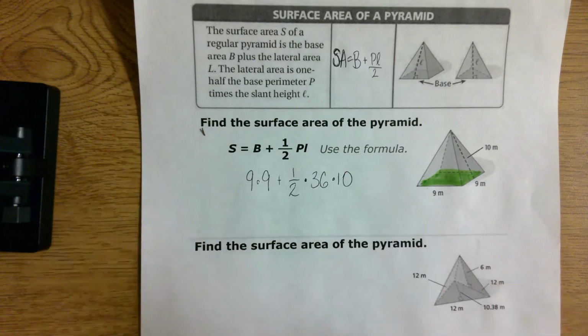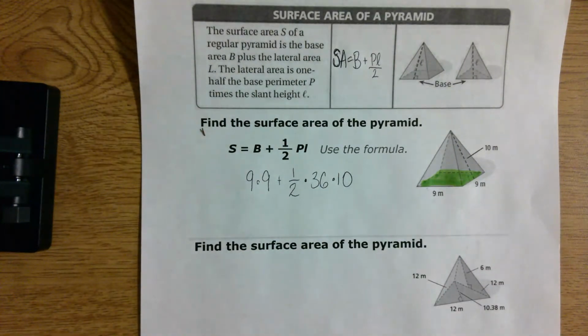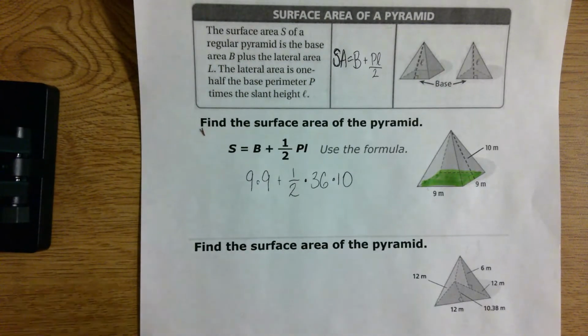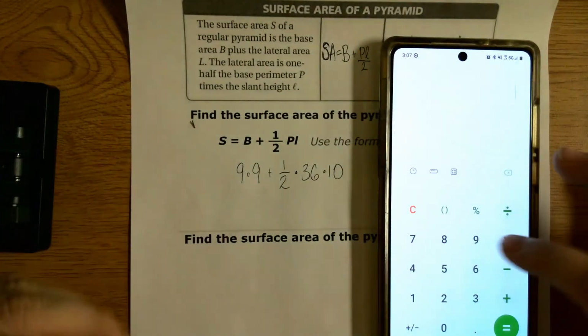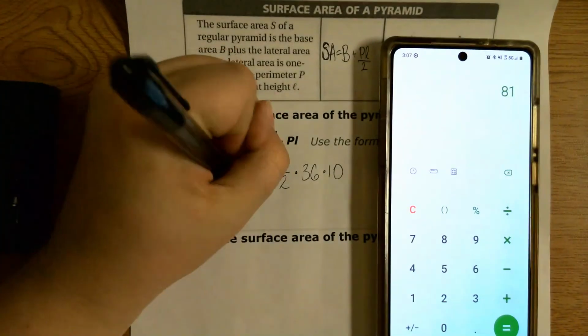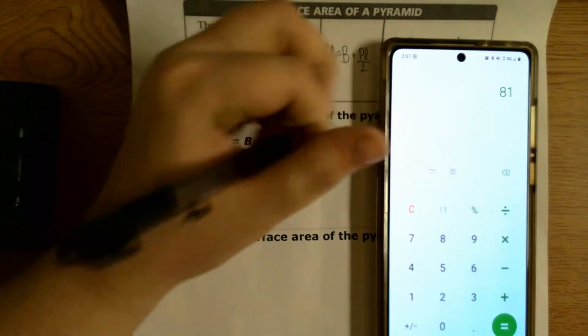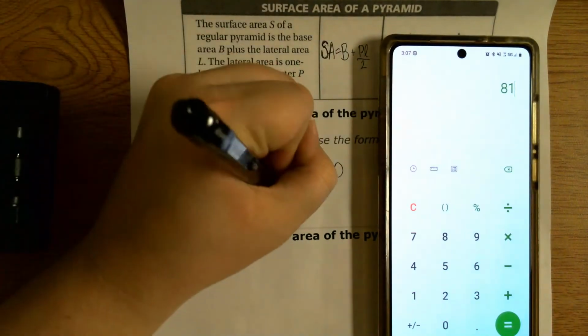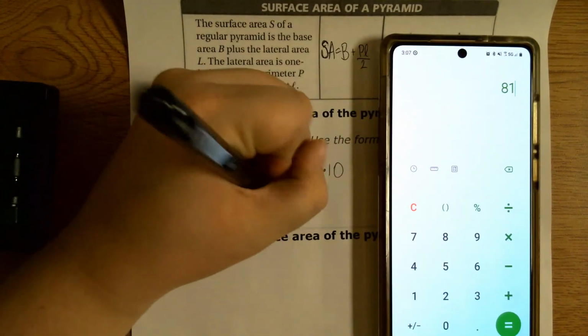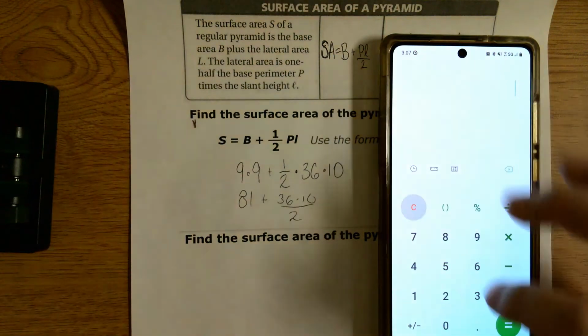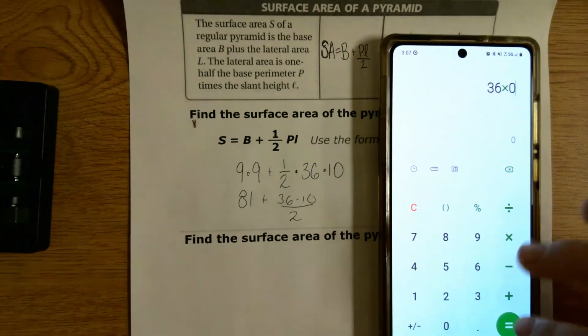So what I'm going to do is plug it into my calculator now. I've got 9 times 9, which is 81, plus 36 times 10 over 2. 36 times 10 is 360.